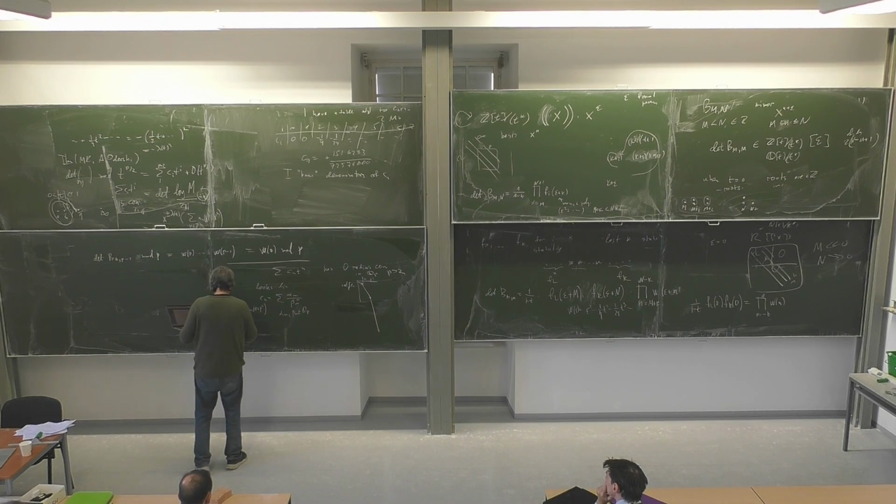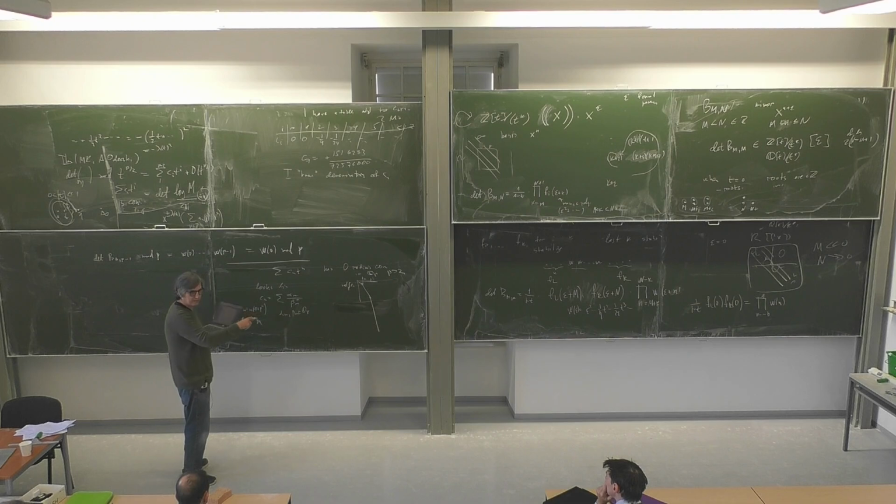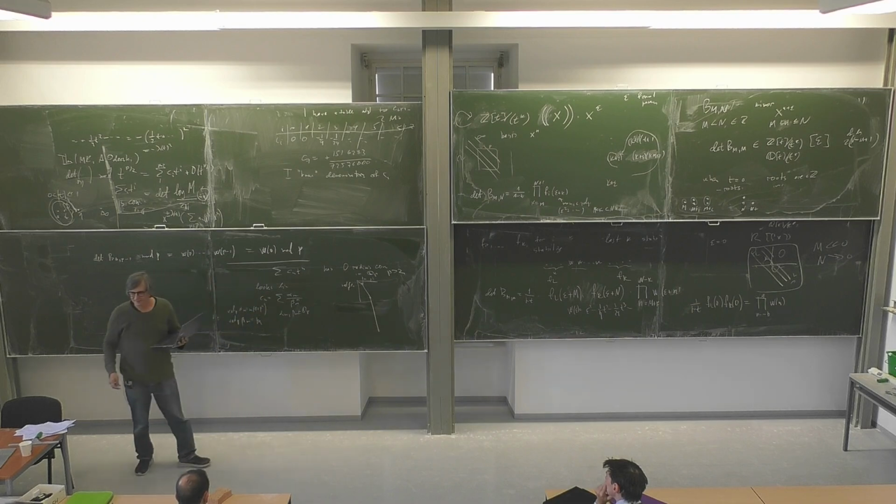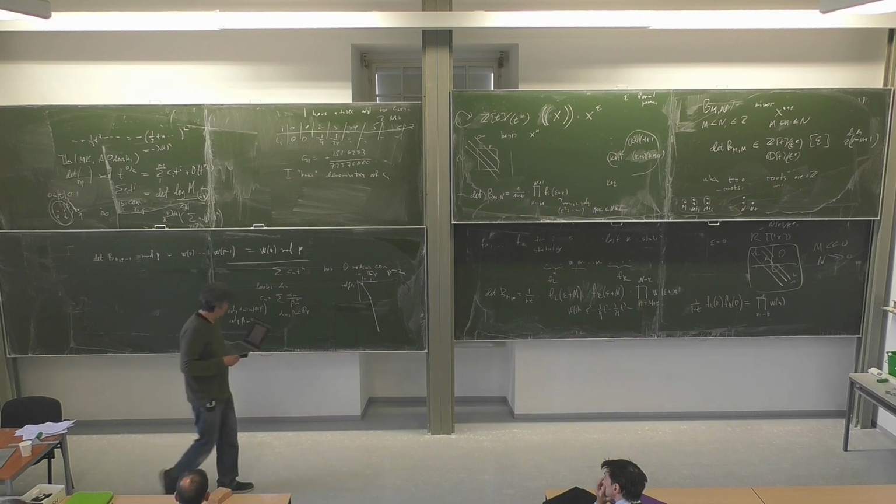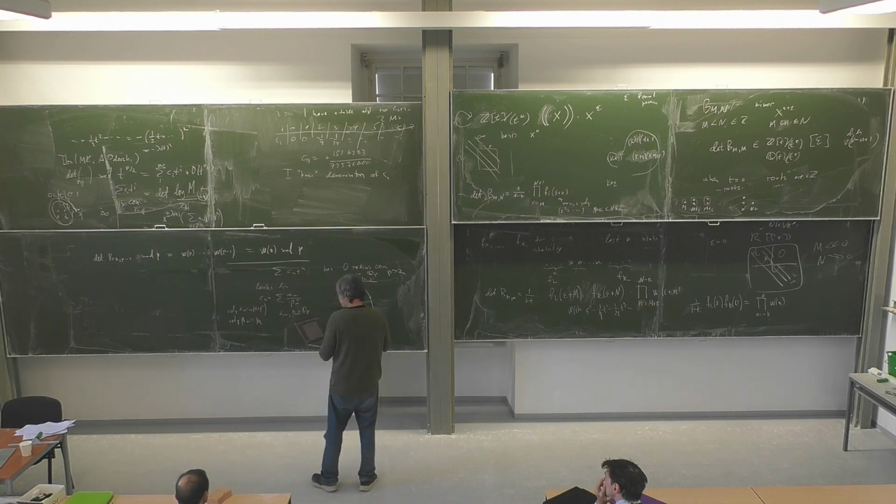It's a very small number. The valuation of p beta_m is m; beta_m is something like 1 over p to the power m. But these are really very small, so all coefficients make sense.